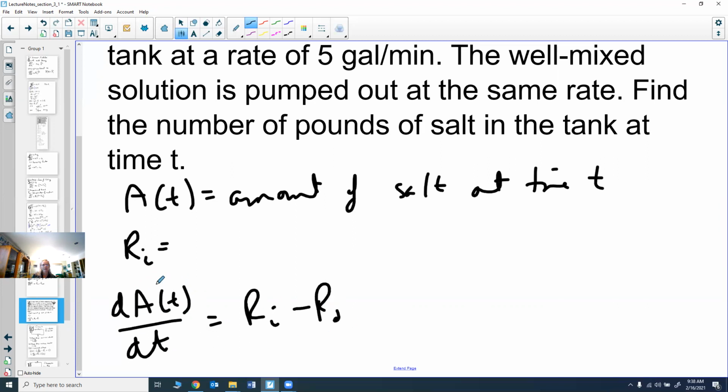Looking at this, A is going to be in pounds, and t is in whatever time happens to be. We look like we're looking at minutes, so it's going to be pounds per minute. So I need my rate in and my rate out to also be in pounds per minute. I have a rate in of 5 gallons per minute, but that's not pounds per minute, that's gallons per minute.